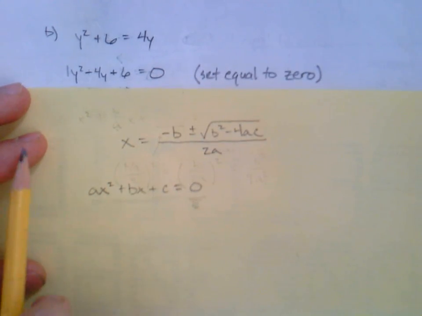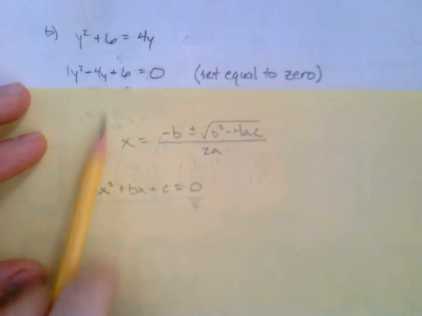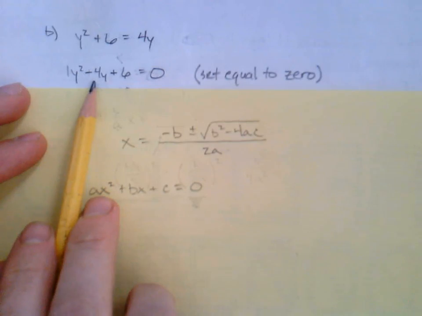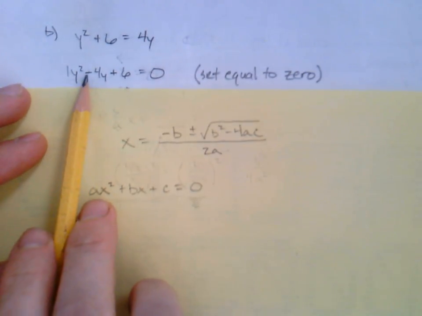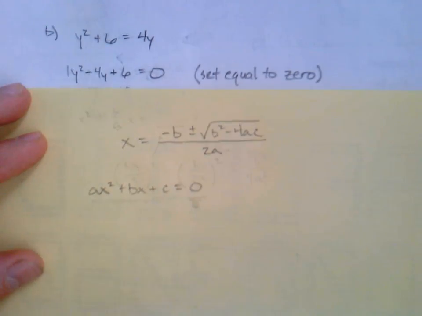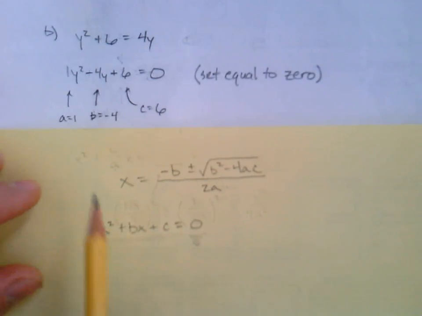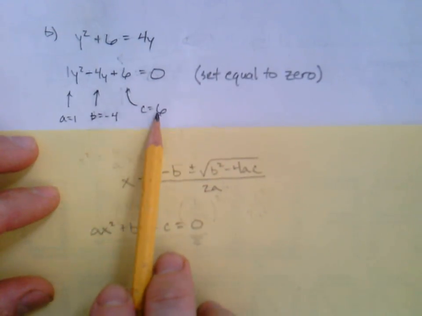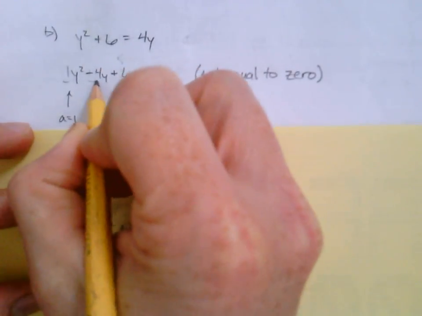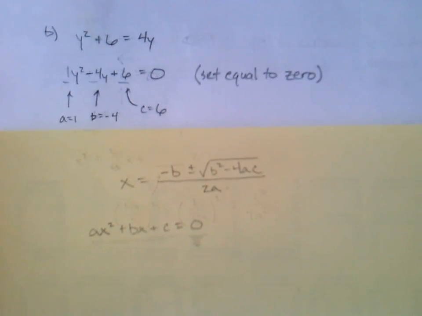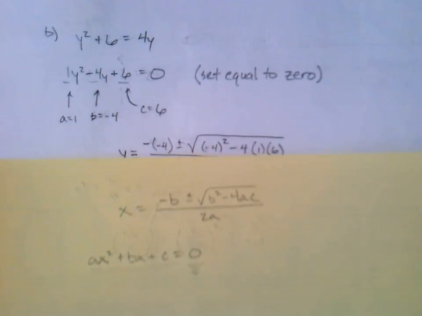Okay. How about B? What's the value of B? And we need to include the negative, negative 4. And then the C is positive 6. So if I write those out, A is 1, B is negative 4, C is positive 6. And now I plug them all in.